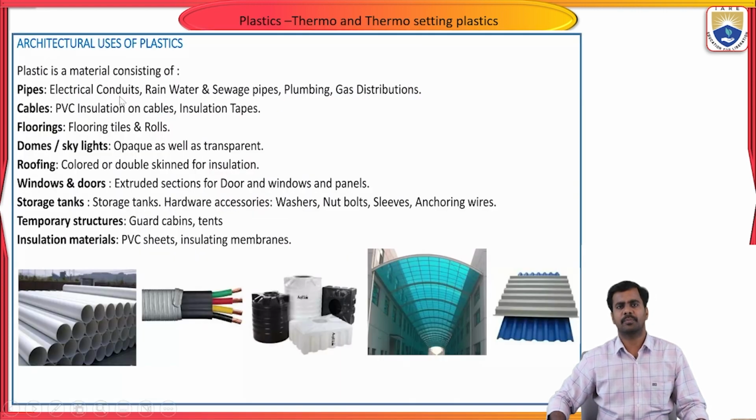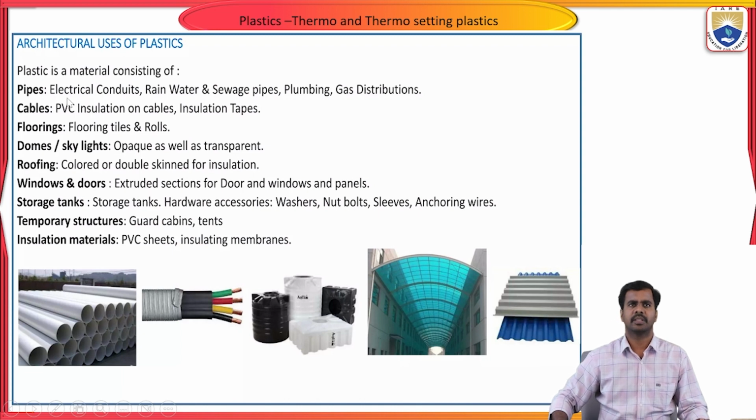Next, some uses of plastics. Architectural uses of plastics, like pipes, electrical conduits, rainwater and sewage pipes, plumbing and gas distribution. Most of the pipes are made up of plastics.